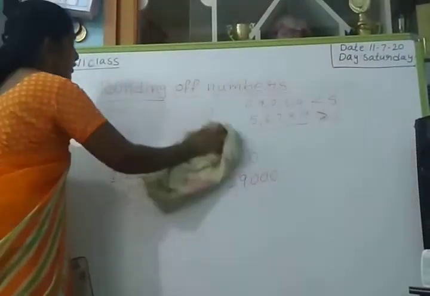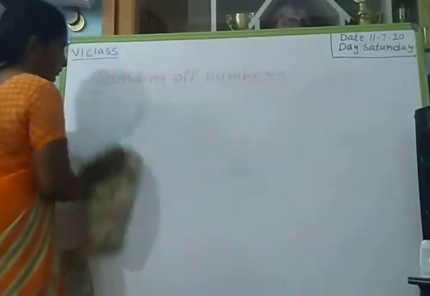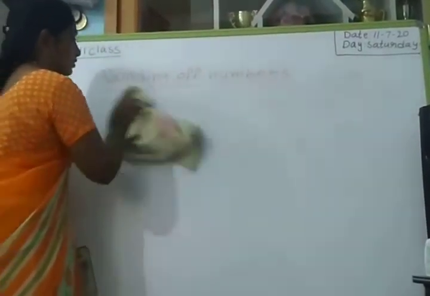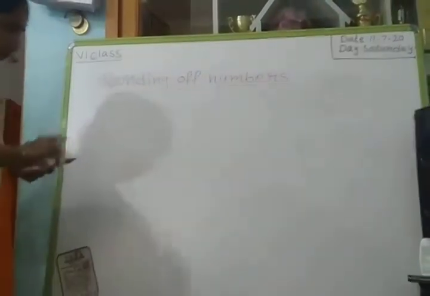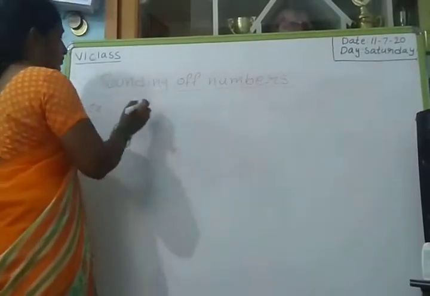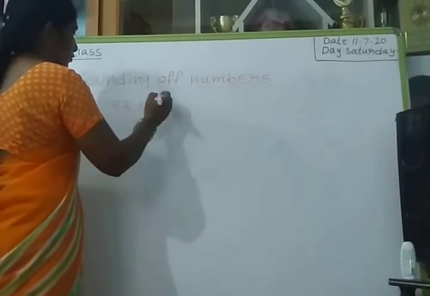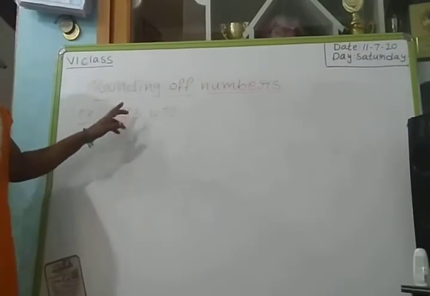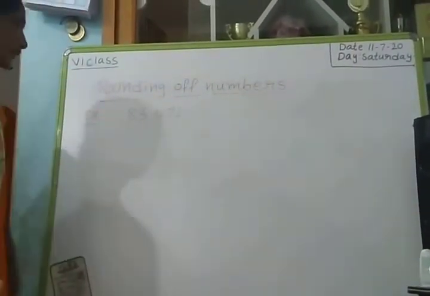So like this we can do 10,000s also, lakhs also. See one example. 83,472. I am rounding this number at the tens place, hundreds place, thousands place and 10,000s place.